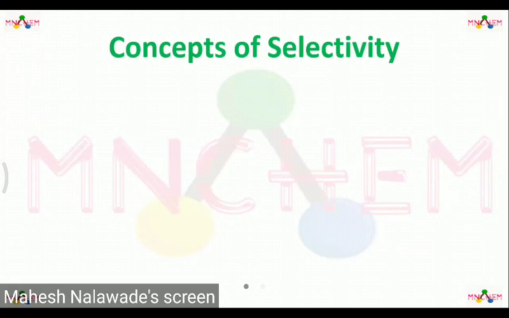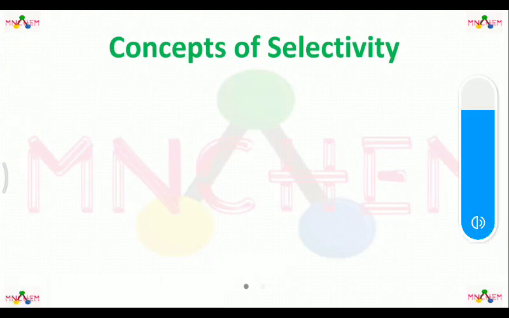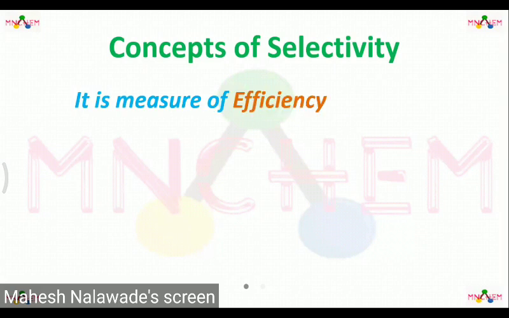What is selectivity and why is it important to measure the selectivity? So selectivity, summarized in one sentence, is a measure of efficiency of a reaction. What do we understand by efficiency of a reaction?